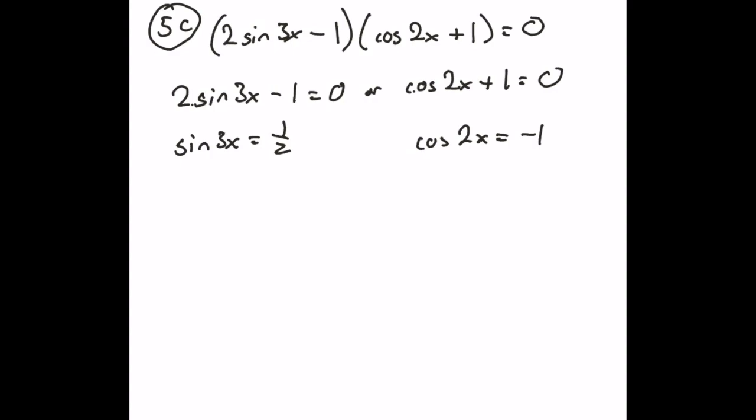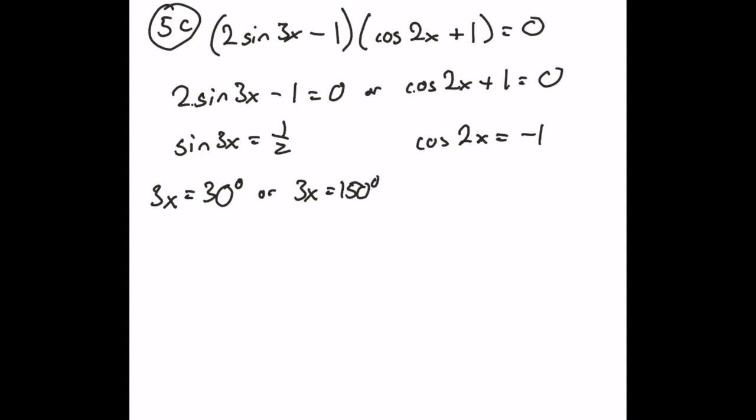So whenever we're 30 degrees away from the x-axis, we get a positive half. So there are two times when we're 30 degrees away from the x-axis. Sine, our y, is positive in quadrants 1 and 2. So that means when we're 30 degrees, and then 180 minus 30 is 150. So that means we need 3x to either be 30 degrees or we need 3x to be 150 degrees, okay?